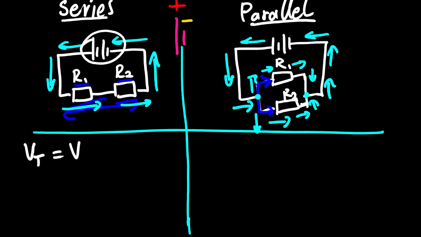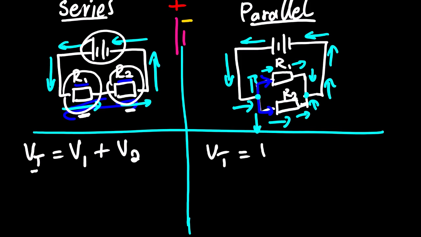It equals V1, the voltage across R1, plus V2, the voltage across R2. So in order for us to get this total voltage, we need the sum of potential difference across these two resistors. Now V total in parallel connection, V1 is equal to V2.